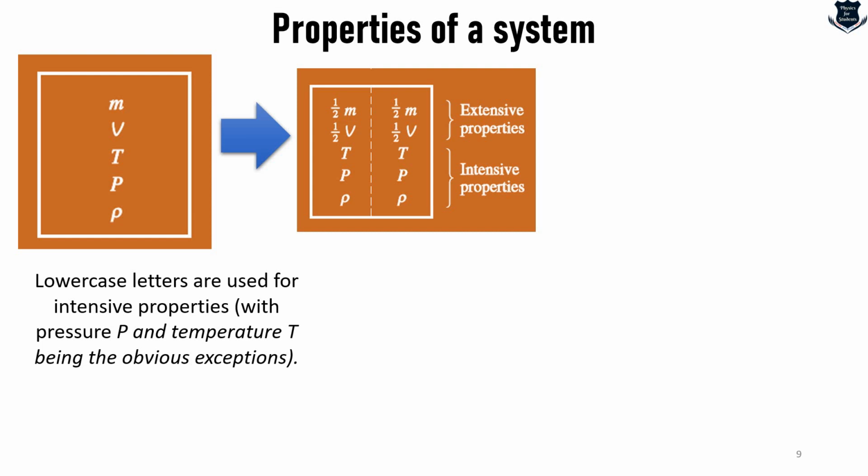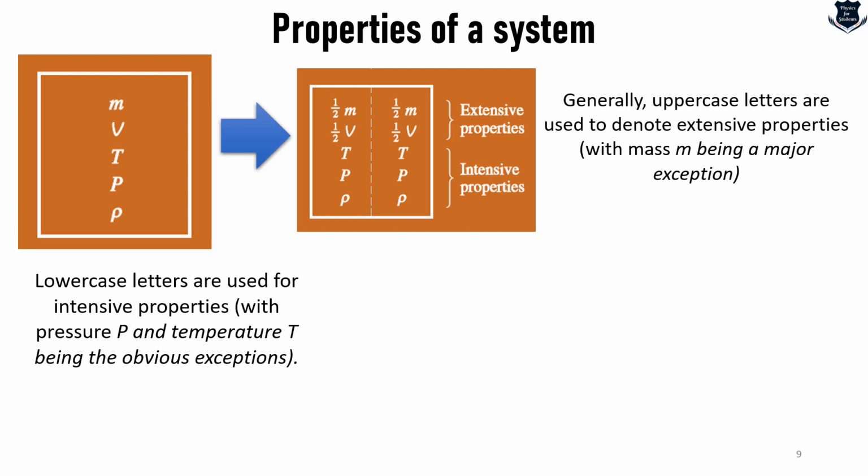May I repeat? Each part will have the same value of intensive properties as the original system, but half the value of the extensive properties. So generally, uppercase letters are used to denote extensive properties, with mass, small m, being an exception, and lowercase letters are used for intensive properties, with pressure and temperature, that is P and T, being the obvious exceptions.